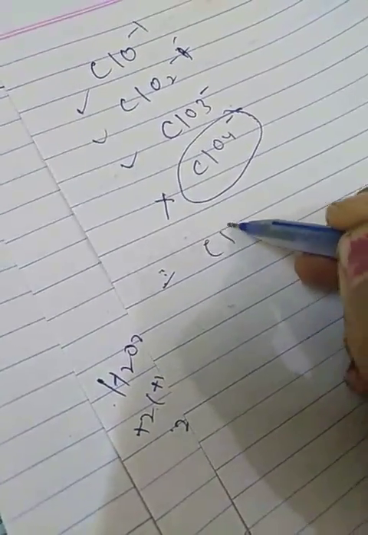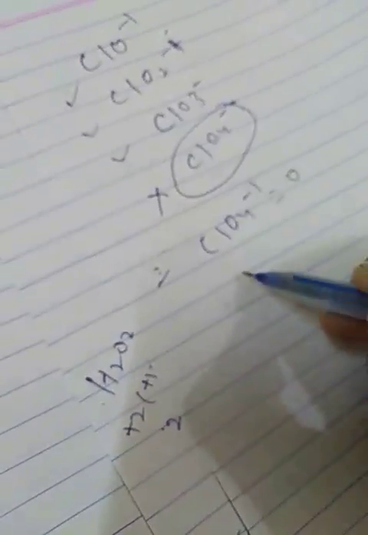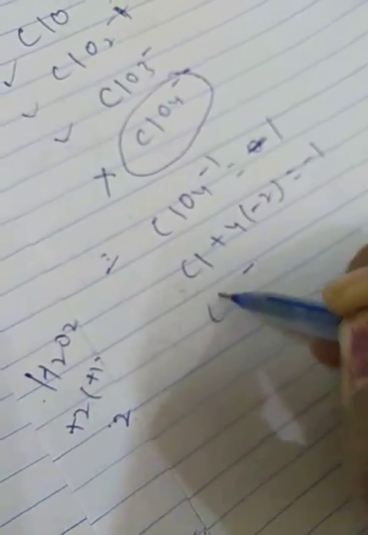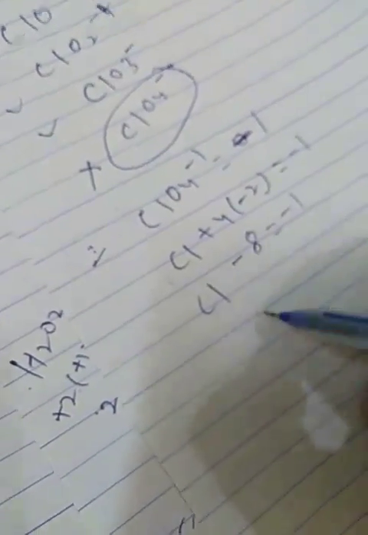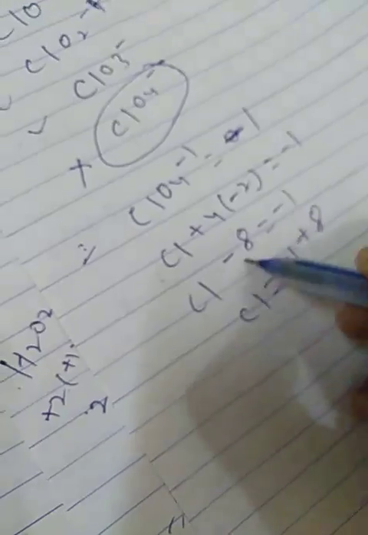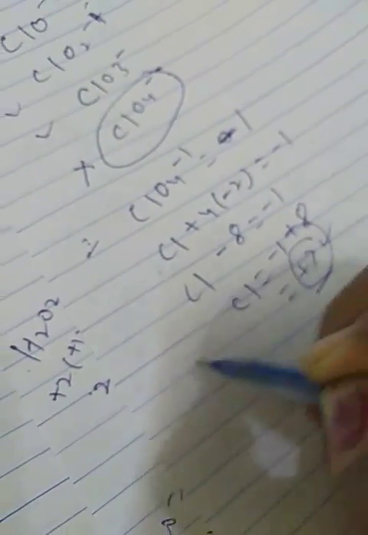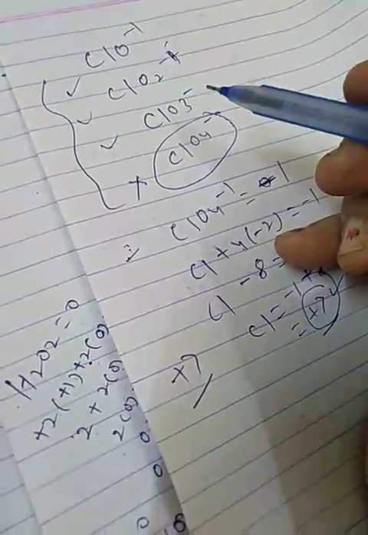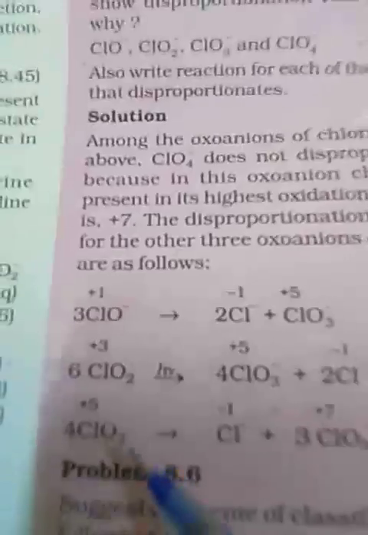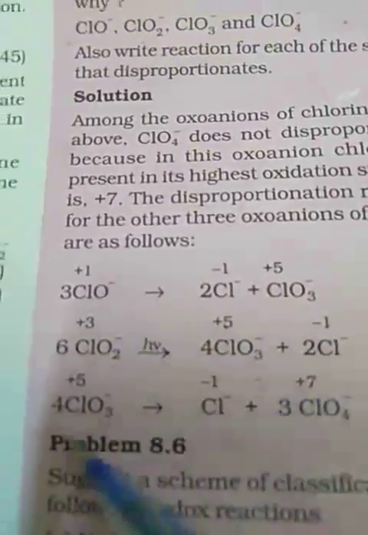ClO4 minus 1: Cl plus 4 times minus 2 is equal to minus 1, Cl minus 8 is equal to minus 1, so Cl is plus 7. So the element having the highest oxidation state will not show a disproportionation reaction. In this way you have to show the reaction for ClO minus 1 like that.